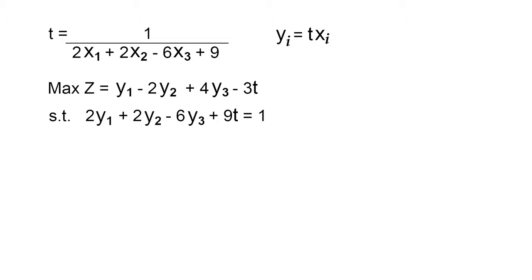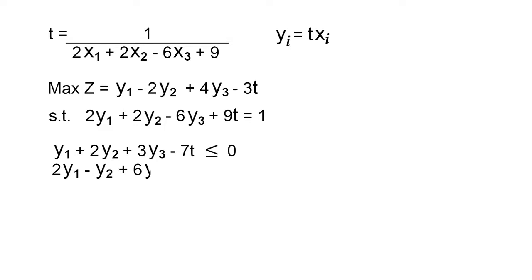Our original constraints will be transformed into y sub 1 plus 2y sub 2 plus 3y sub 3 minus 7t is less than or equal to 0. And the second constraint will be transformed into 2y sub 1 minus y sub 2 plus 6y sub 3 minus 10t is less than or equal to 0.